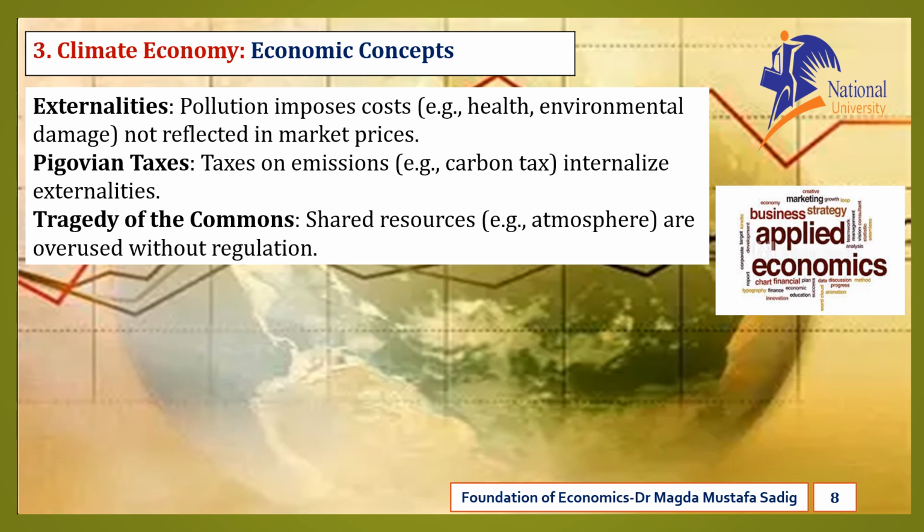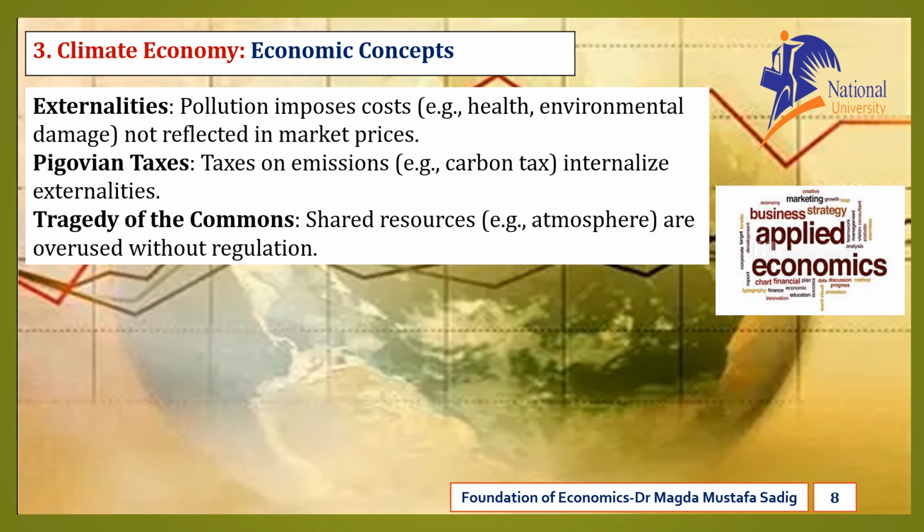Tragedy of the commons. Another key concept is the tragedy of the commons. When resources like clean air, oceans, or forests are shared and unregulated, they tend to be overused and degraded because no one has an incentive to conserve.